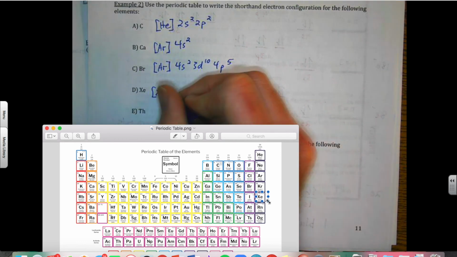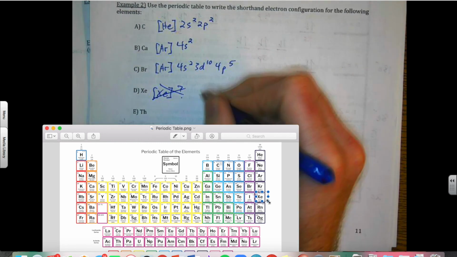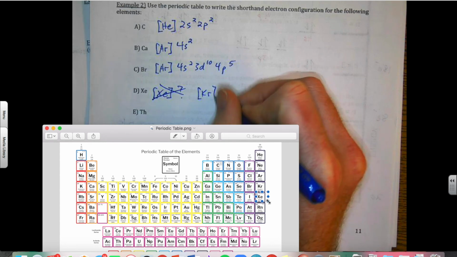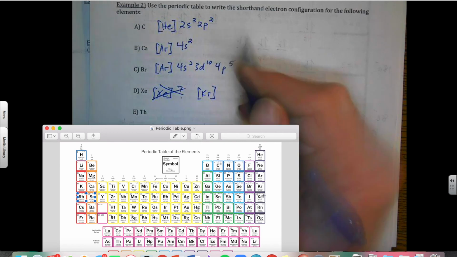Nope. That would be too easy. You can write krypton, the noble gas before it, and then this is going to be 5s2, and then 4d10, and then 5p6.